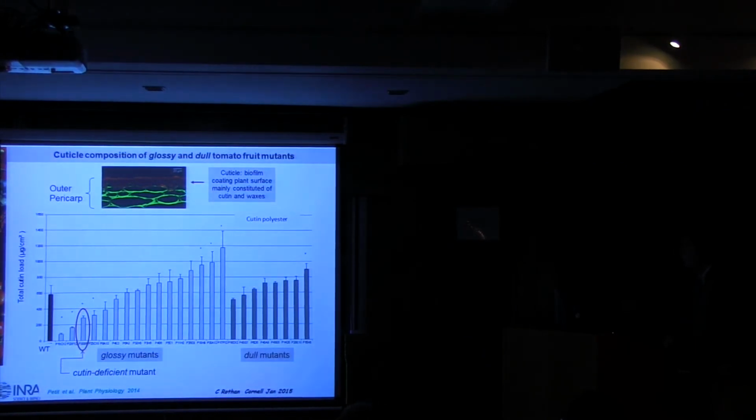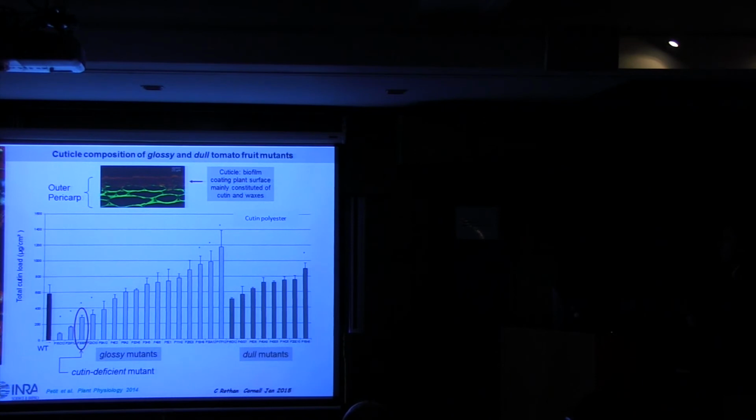But what I want to show you is how we try to identify the underlying genes. So as I said before, this is an outer pericarp, you have a cuticle here, and cuticle is made of two main polyesters.